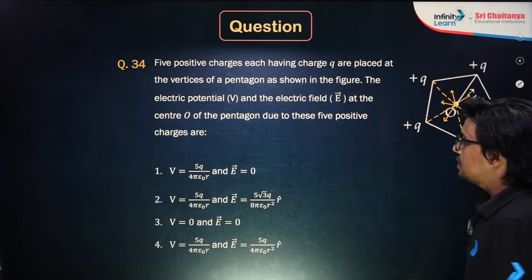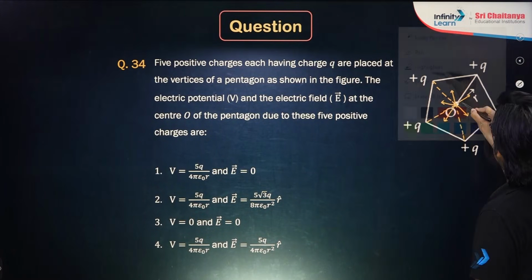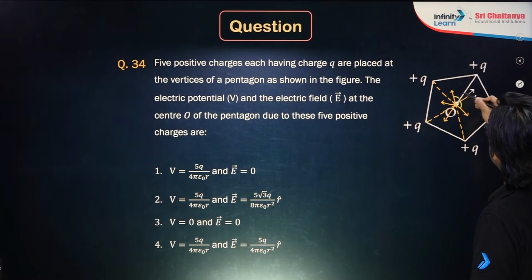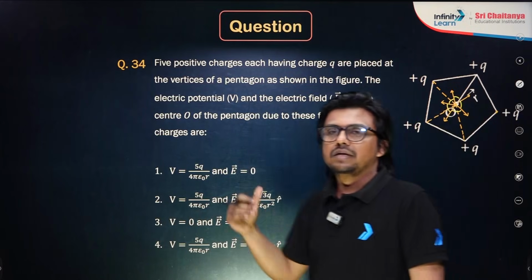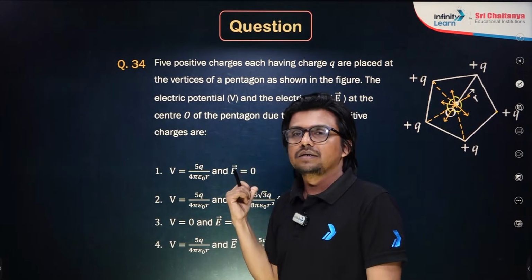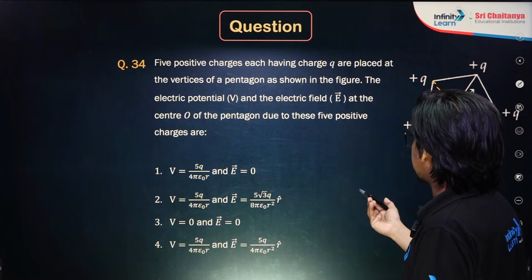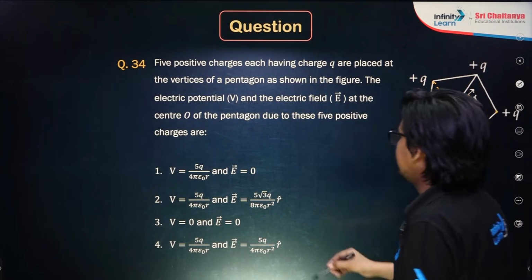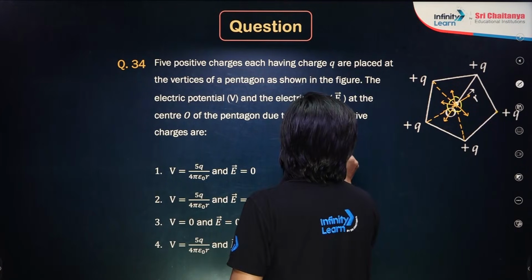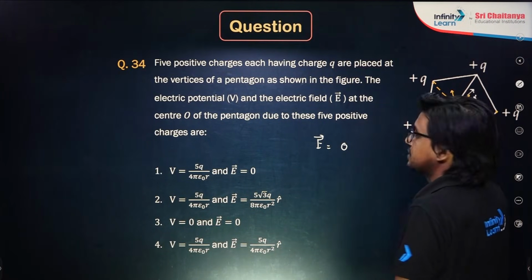All those electric fields are going to make the same angles, 72 degrees between them, because it is a regular pentagon and they are all equal charges. So the electric fields are going to cancel each other out, and the net electric field is 0. If you write the net potential, that is just 5 times the potential due to 1.